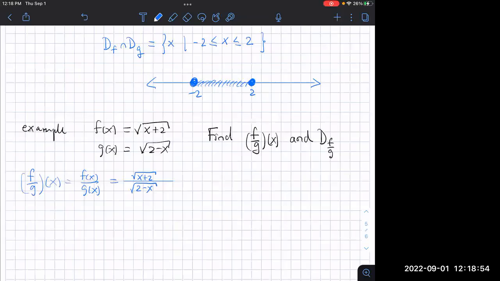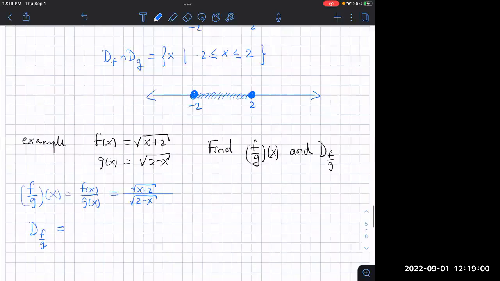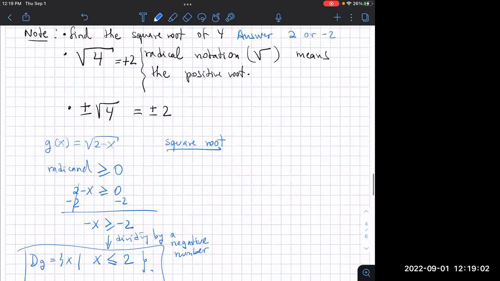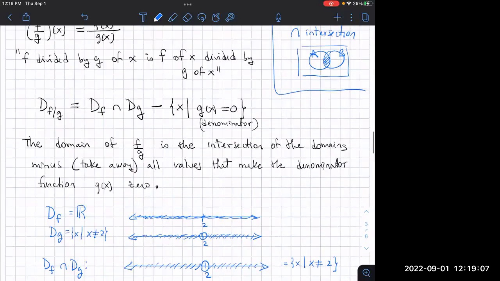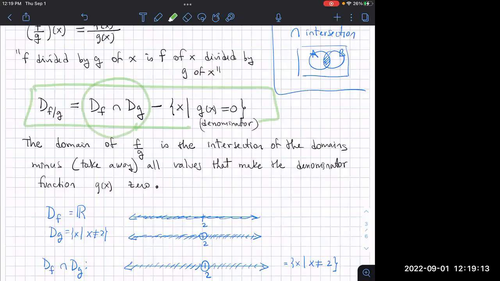Okay. So what is the domain of f over g? We said back up here, where is my quotient? The domain of f over g, we start with the intersection, but we have to take one step further and then take away the ones that make the denominator 0, okay?